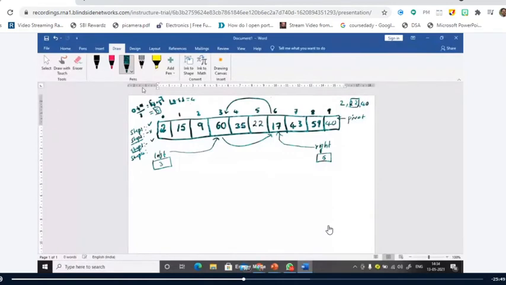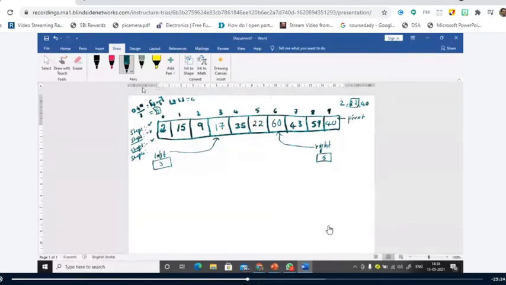So what happens here? It becomes 17. What is the value here? 60. Super, right? Now you continue the process.